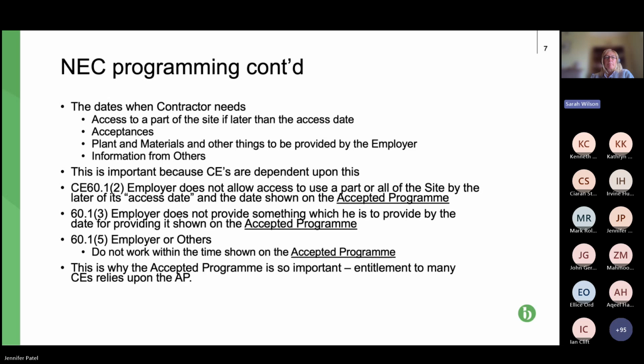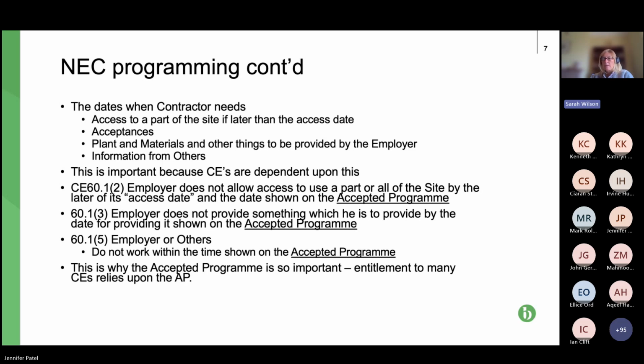So yeah, some key points for contractors and subcontractors in subcontracts. Some of the dates that you need to include in your programme are these sub-bullet points. The reason that they need to be included is because whether or not the contractor or subcontractor gets a compensation event for delays to these issues depends upon this information being in the accepted programme.